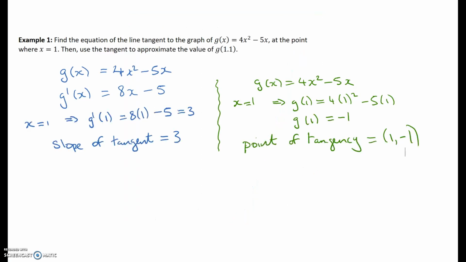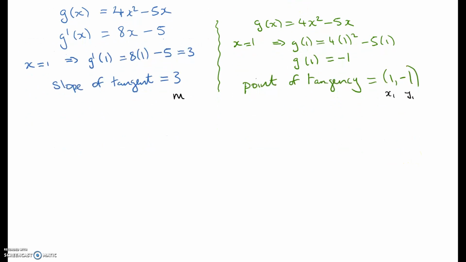Now we need to get the equation of that tangent. It was already drawn on the diagram that we looked at, but we'd better work it out here as well. So this will be m, and this will be x1, y1. Then we have y minus y1 equals m times x minus x1. So that will be y minus minus 1, which basically is y plus 1, is equal to m, which is 3, times x minus x1, which is 1.